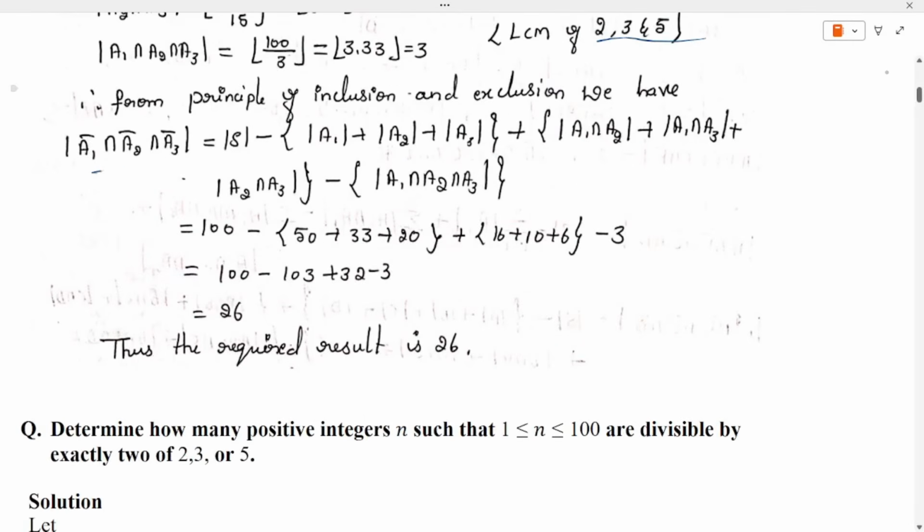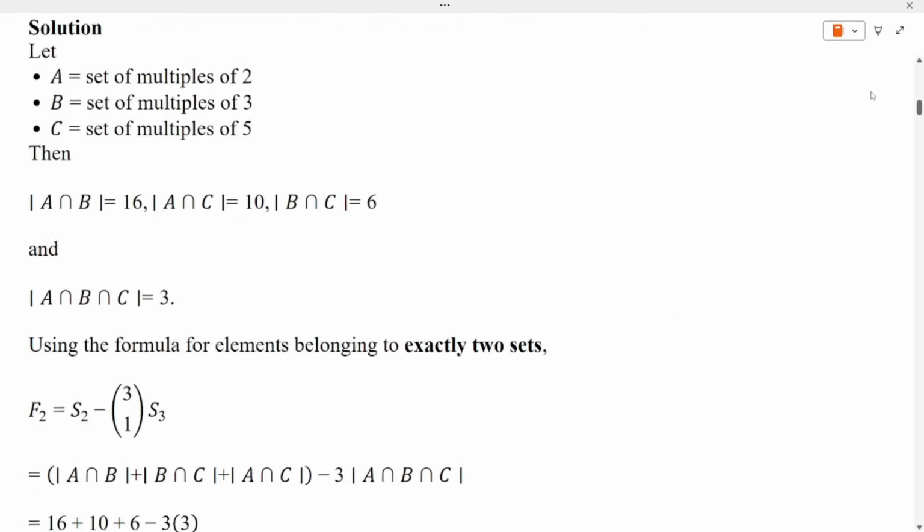The last value is S, which is the total given in the question. You sum all of that up, and at last you will get the required result. I have given the same question again.